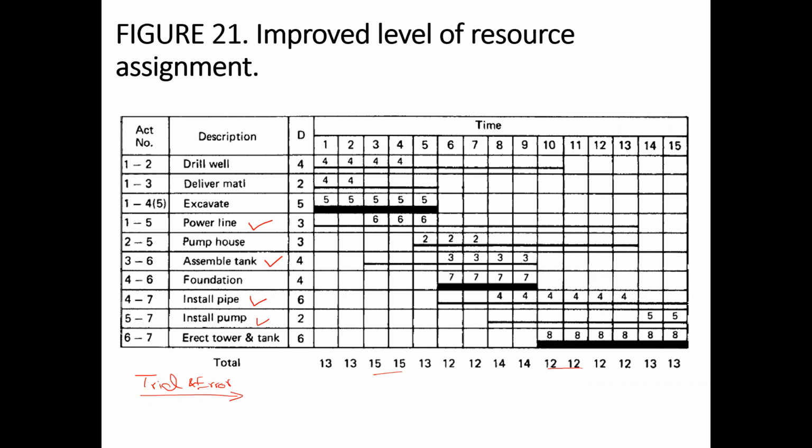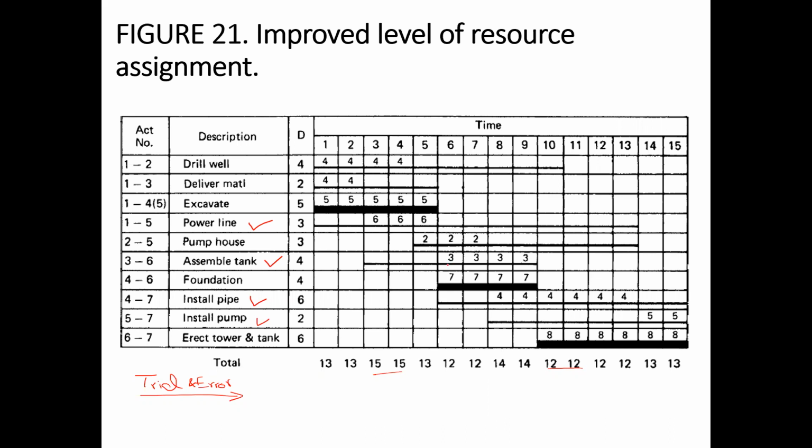One algorithm is that we move only those activities which have the highest amount of slack available. But this is just a rule of thumb. Sometimes it may not work out very well.